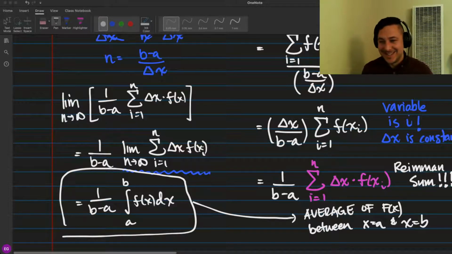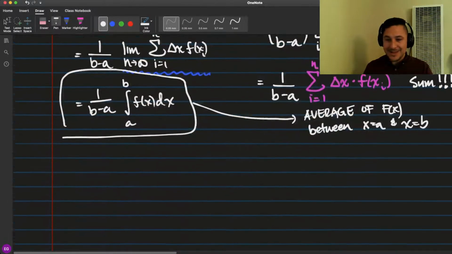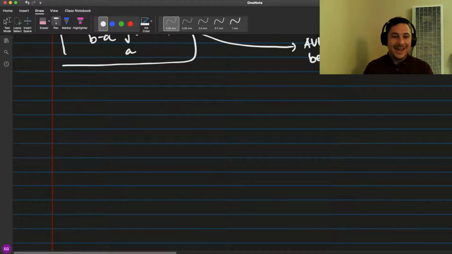Okay, so let's use this definition of the average value of a function to calculate something. Remember earlier we had that example where the velocity was 60t?